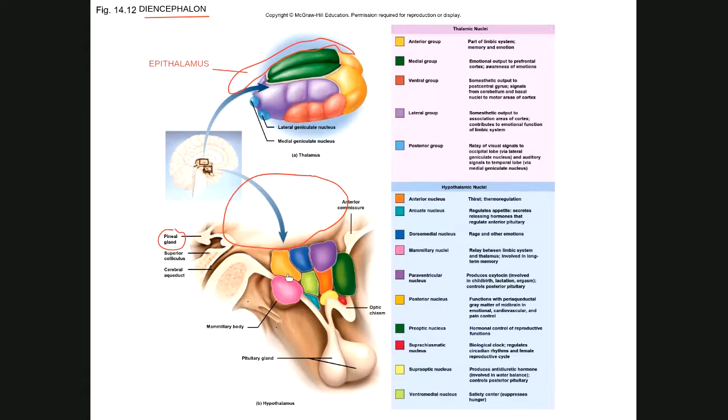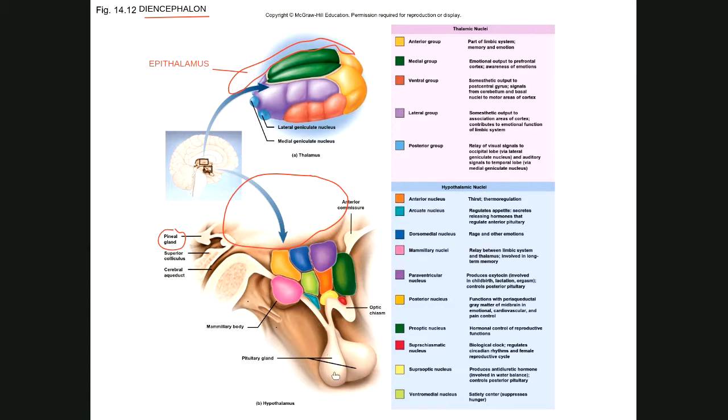One thing that you can see here is that the hypothalamus is closely associated with the pituitary gland. Does it have any role there? Of course, because of its very close relationship to the pituitary gland.